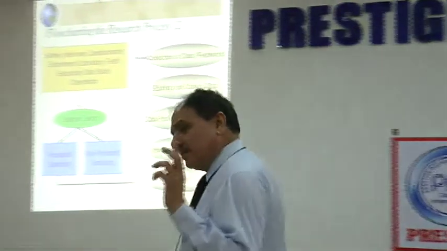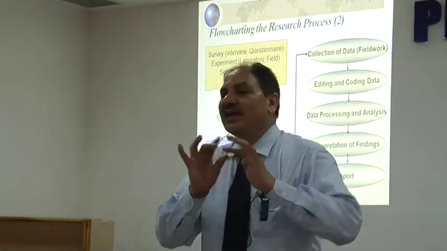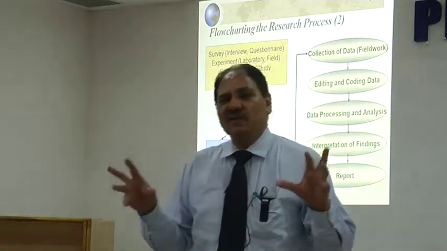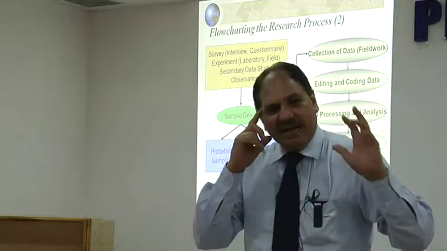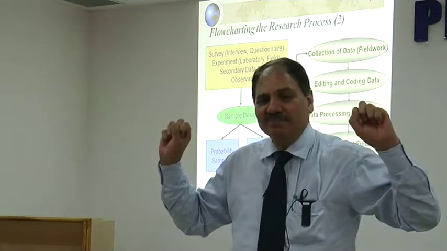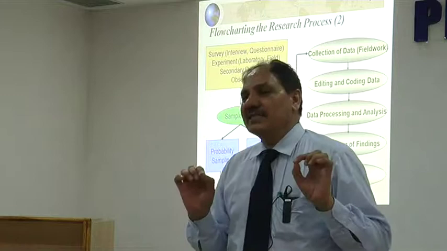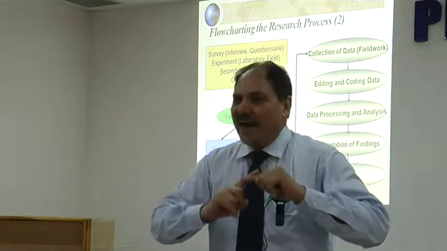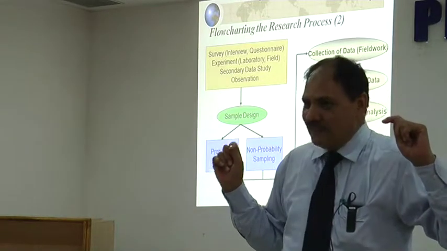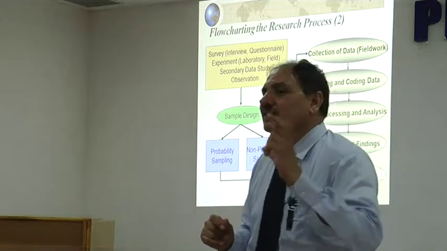Suppose you have three variables, say customer loyalty, customer satisfaction, and brand image. Say you are trying to evaluate the effect of brand image and customer satisfaction on customer loyalty. Whichever is the longest questionnaire out of these three, generally it is brand image, that would decide the sample size.